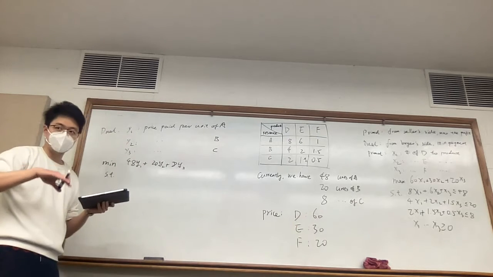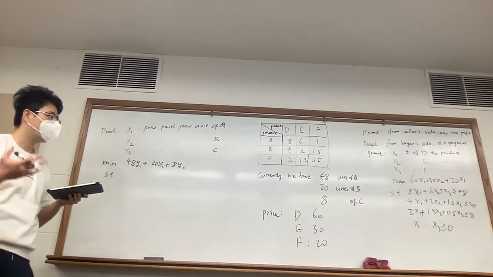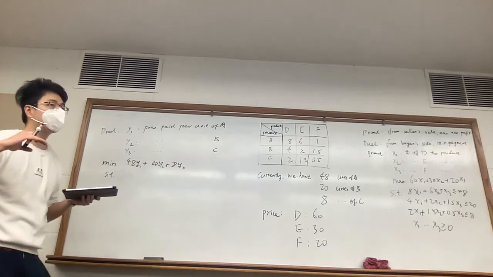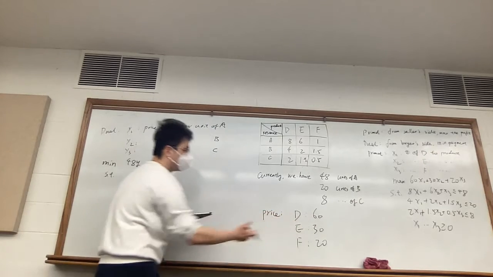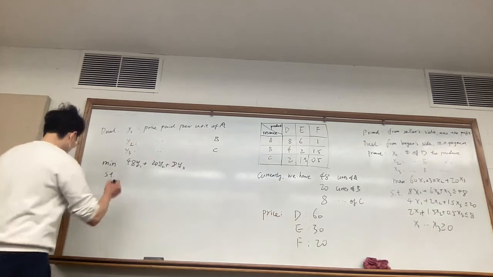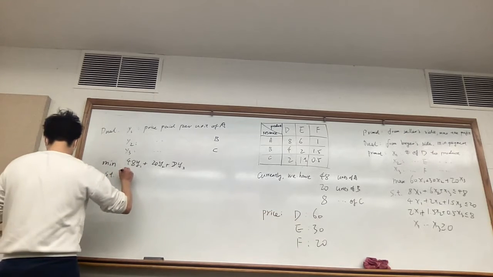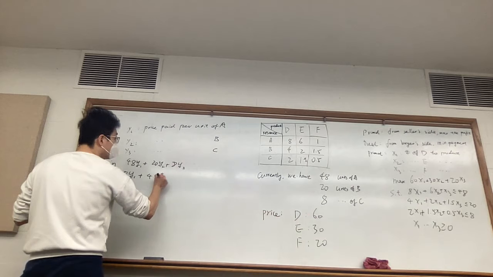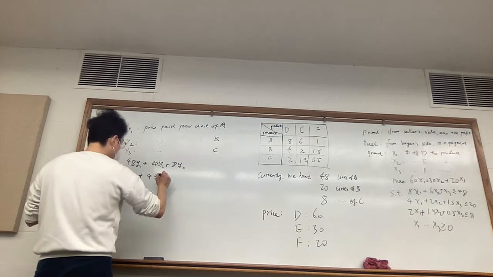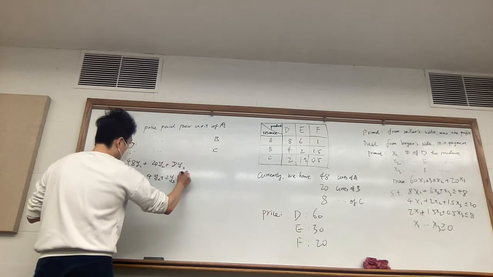So you want to sell as long as what I actually pay you is at least 60, 30, 20 for each of D, E, F. So the constraints are just that 8y1 plus 4y2 plus 2y3 greater than or equal to 60.